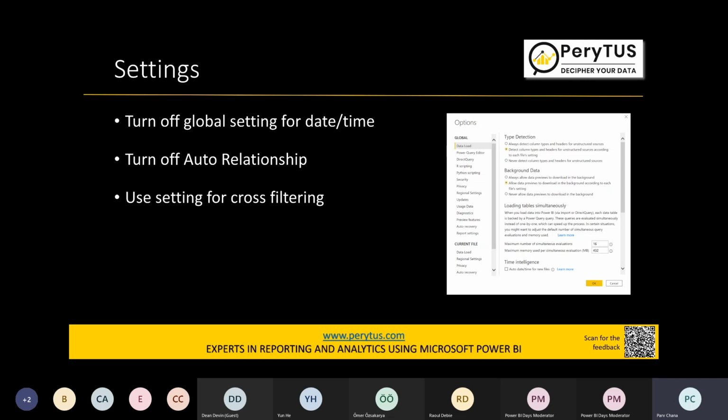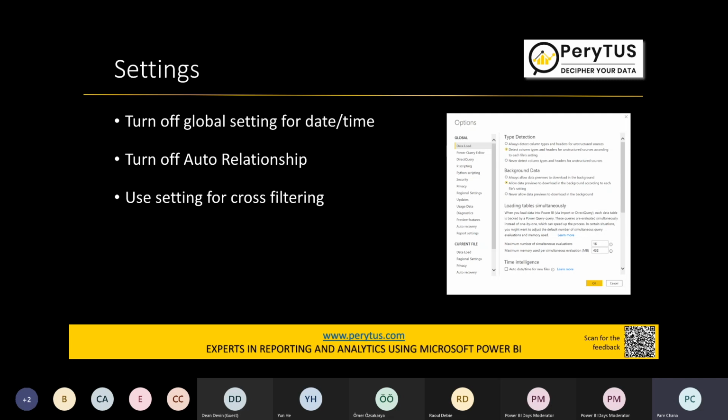For me, if I take over any project where somebody says my report is not working, I'm not getting the correct result, or performance is slow, the first thing I look at is the model, and the second thing I look at in the model is how tables are connected, and whether there is any cross filter direction set to both. If there is, then the question comes, okay, why is it there?